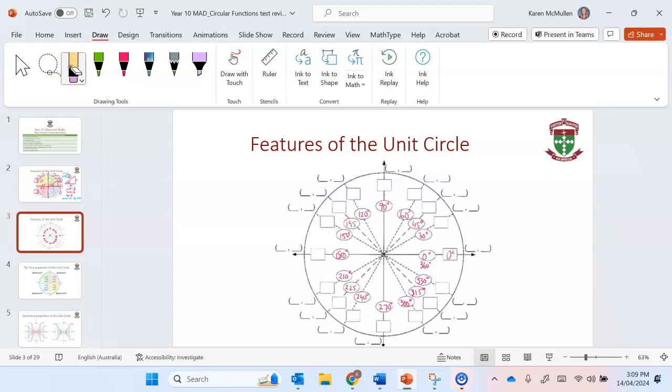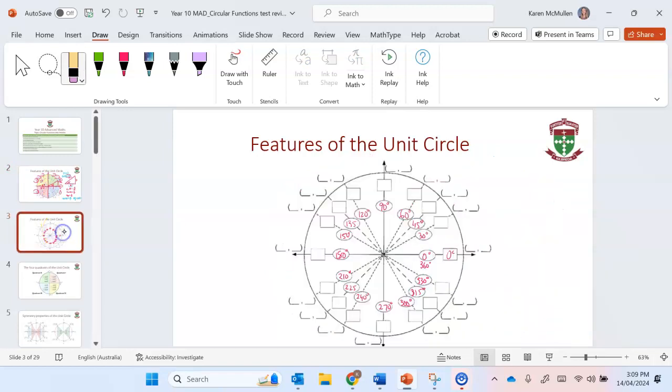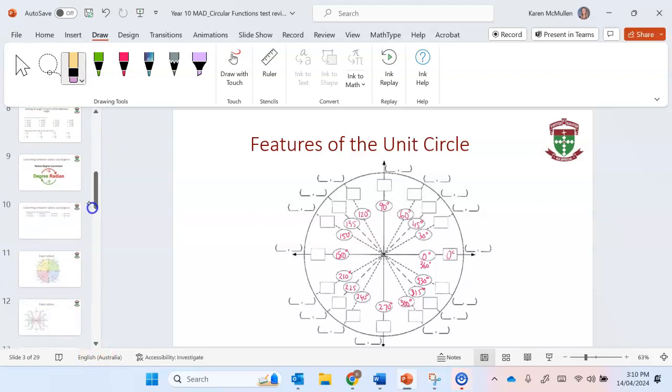We're going to do radians in a second. You need to fill them all in. You'll see there that they're there, but you need to remember how to put them in. With your radians, later on in the PowerPoint, we are going to do the conversion.